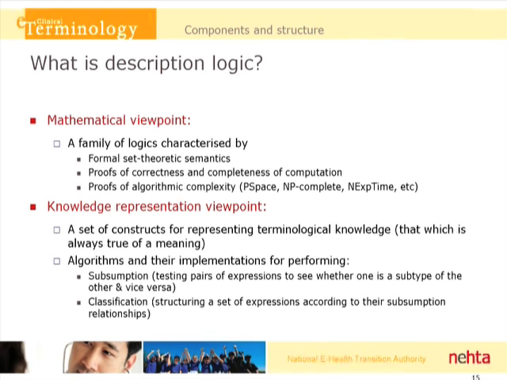Terminological knowledge is that which is always true of a meaning. So the terminological knowledge about a heart attack or a myocardial infarction is that there's a morphology of infarction, and it involves the myocardium, the muscle of the heart. Now, besides terminological knowledge, you can have assertional knowledge.